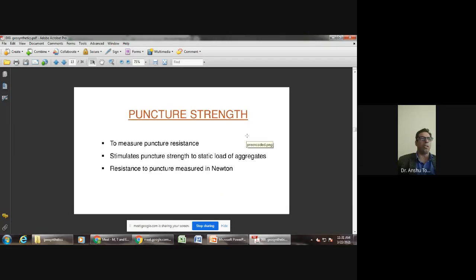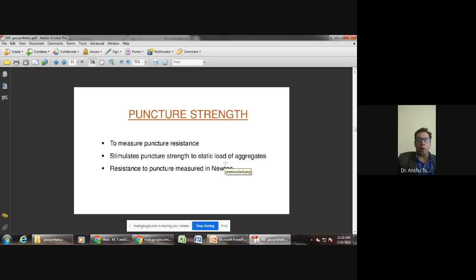So what is the puncture strength? To measure puncture resistance, it simulates puncture strength to static load of aggregates. Puncture strength, as you might have studied in concrete technology also, that is, we check the punching shear.